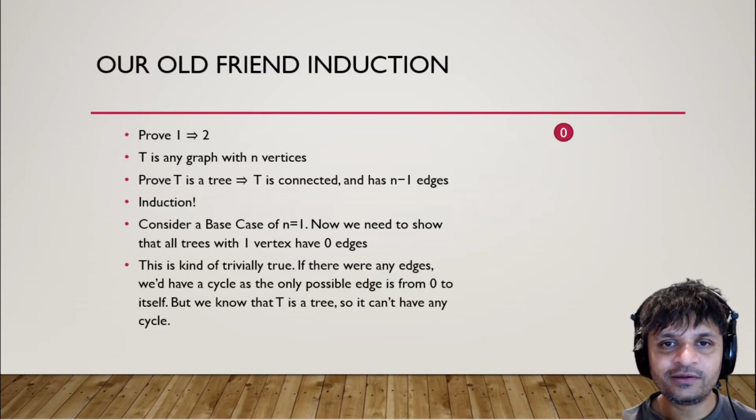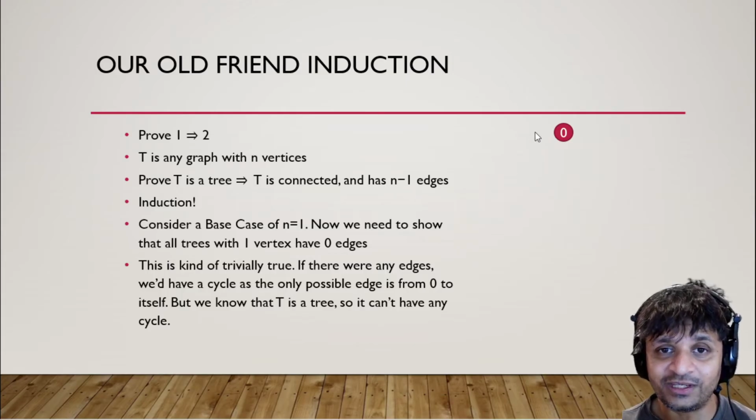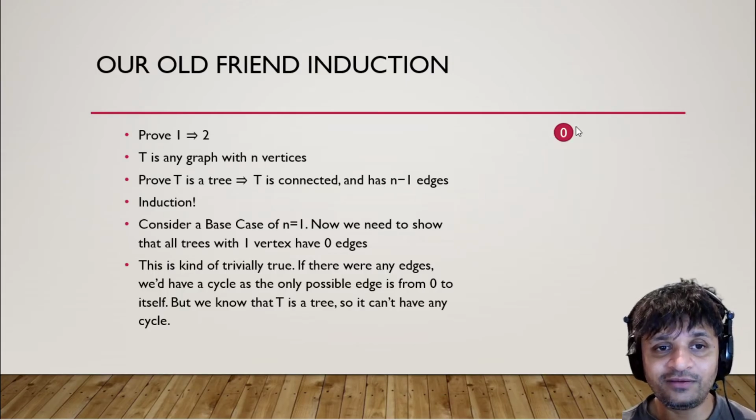So if we look at it, if a tree has one vertex, there's only one possible edge, the edge that goes from the vertex to itself, right? Now, can we have that edge in this case? Well, no, because we said that T is a tree. Now, if it's a tree, it's connected and acyclic.